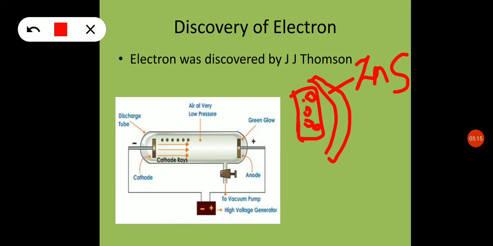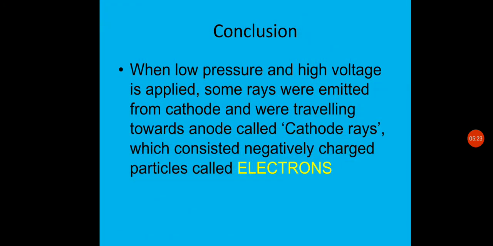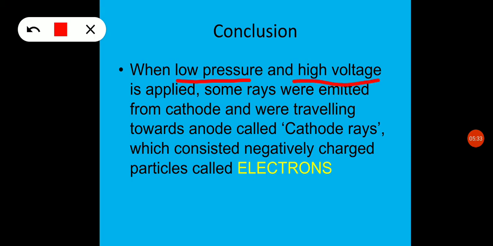So by this experiment, what was the conclusion? We can conclude that at low pressure and high voltage, rays were emitted from the cathode.